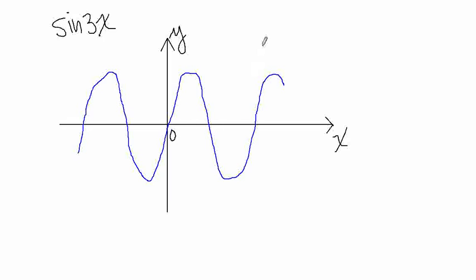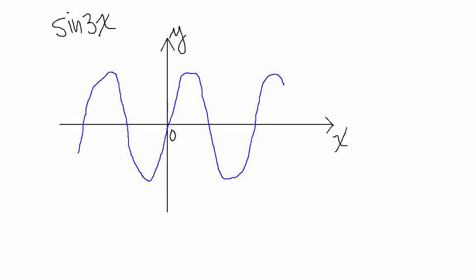Okay, so one way to see where the x-intercepts are is the following. We know that for the sine function to be equal to 0, the argument has to be 0, pi, minus pi, 2 pi, minus 2 pi, some integer multiplied by pi.